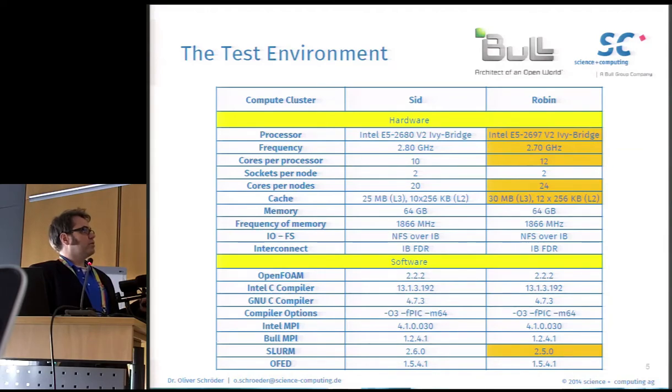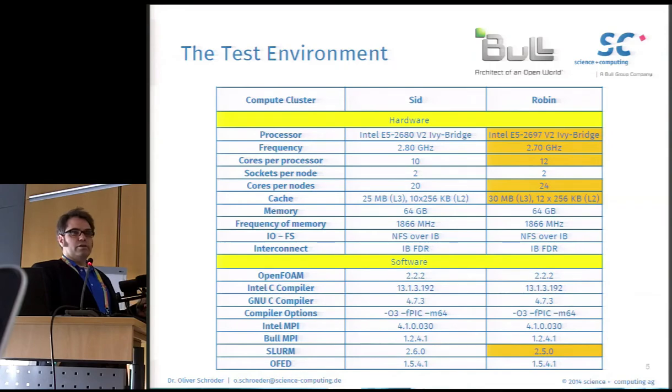In one case, it was a 10-core Ivy Bridge at 2.8 gigahertz, and the other one a 12-core system at lesser frequency, 2.7. Then cores per node are obviously different as well, 20 and 24.